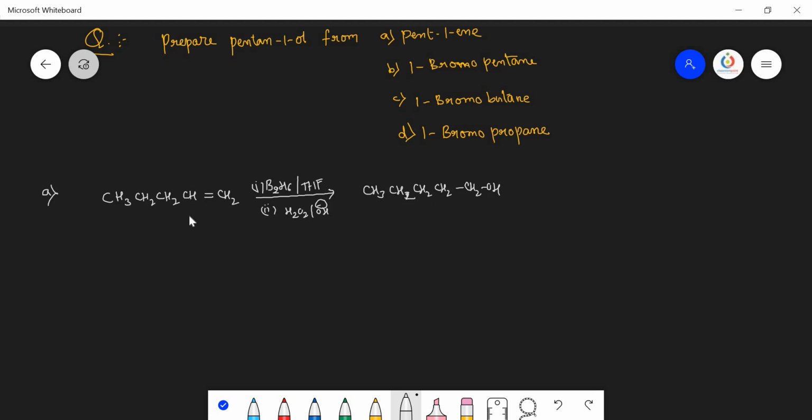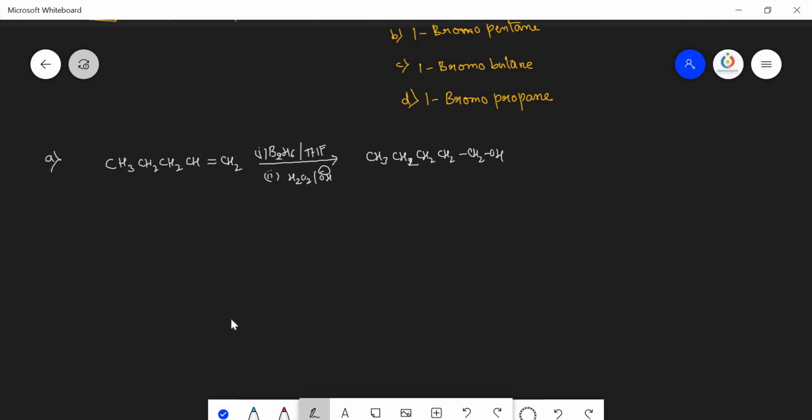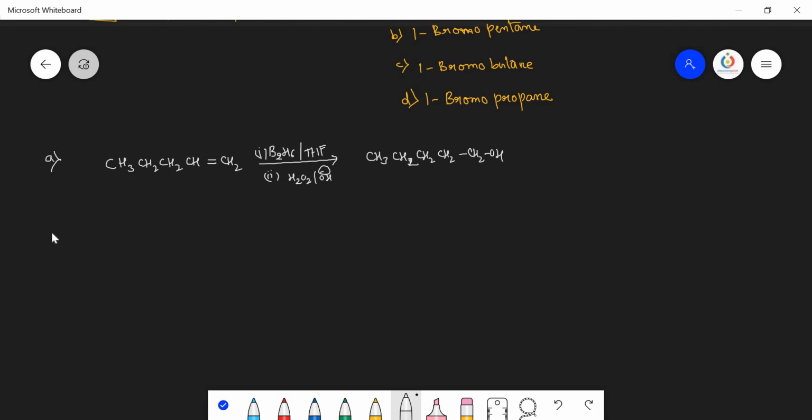If you want to get the 2-OH, then you can use mercuric acetate and demercuration. Oxymercuration and demercuration is also one of the steps. So that can be used if you want to get pentan-2-ol. Next, B. From 1-bromopentane, it is easy. CH3, CH2, CH2, CH2, CH2, Br. So this is 1-bromopentane.